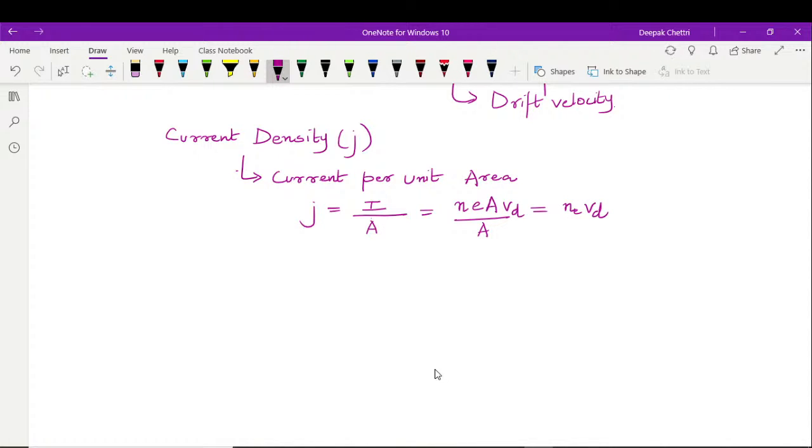Okay, and current density is a vector quantity. Current density is a vector quantity.